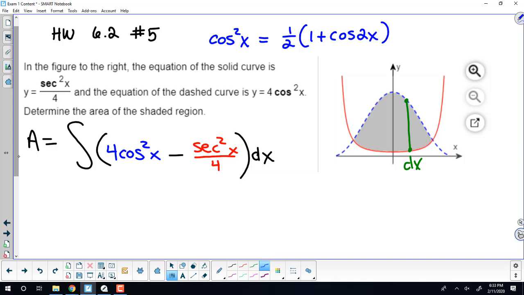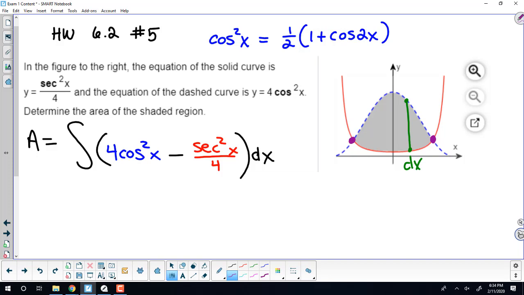What are the bounds? Figure out where these intersect. And so honestly, you can use symmetry. If this is pi, then this intersection over here is negative pi. So we can use symmetry to do that.